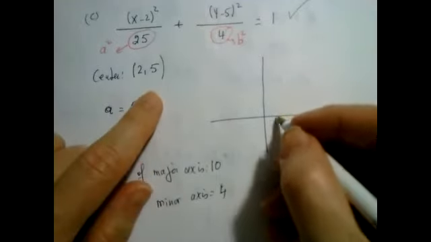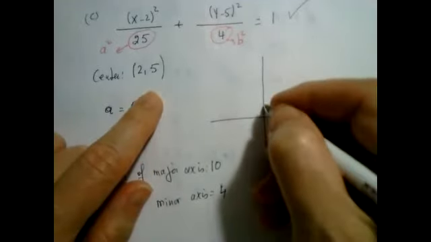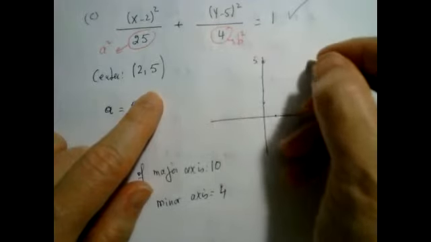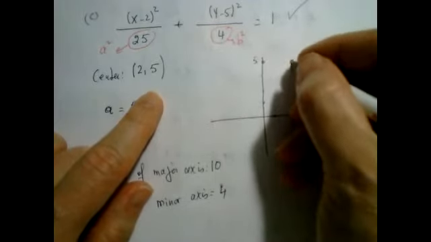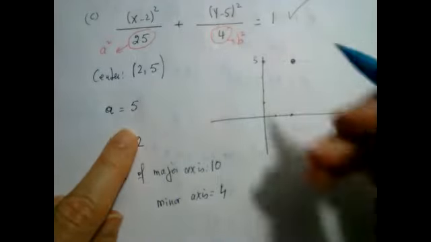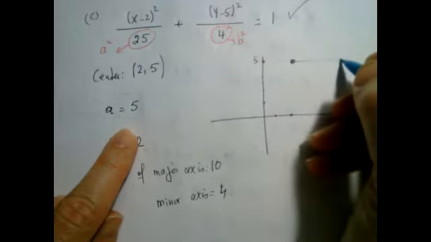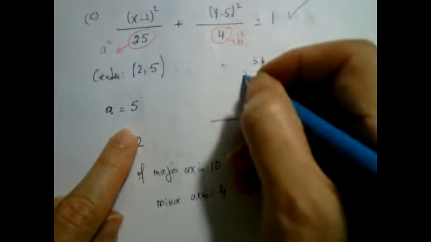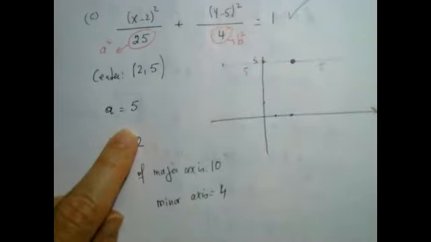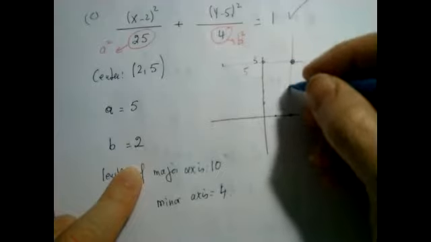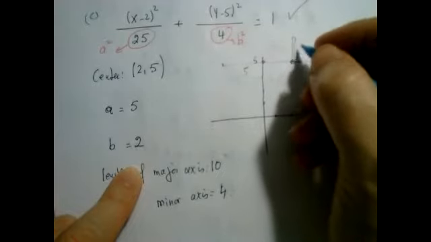The center is 2, 5. That's the 2, and that's my 5. That's the center of the ellipse. Now, A is 5. It means if we go from the center, we go 5 units this way, that's the A, and 5 units this way. And then the B is 2. Means I go 2 units up and 2 units down. This is the B in the picture.